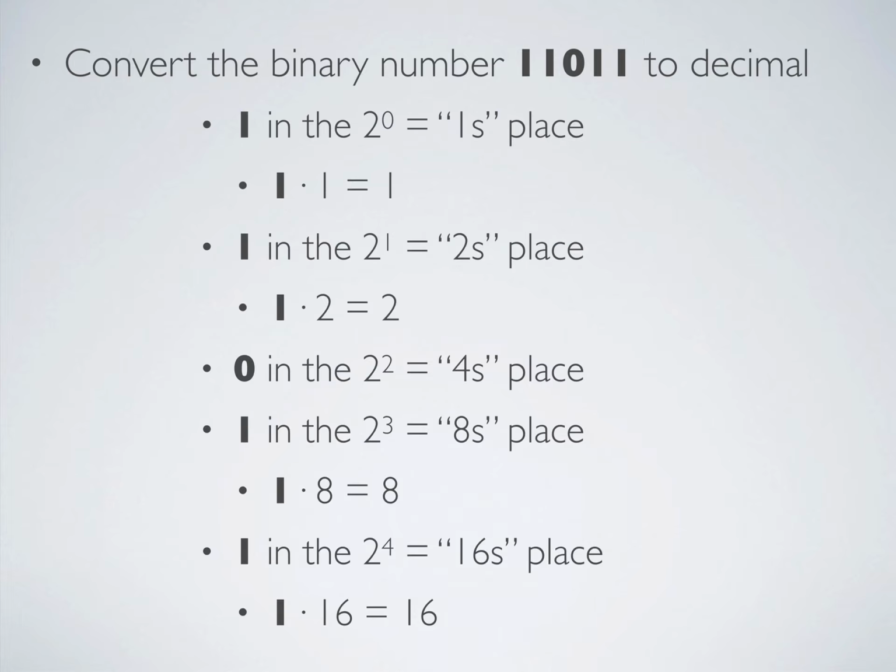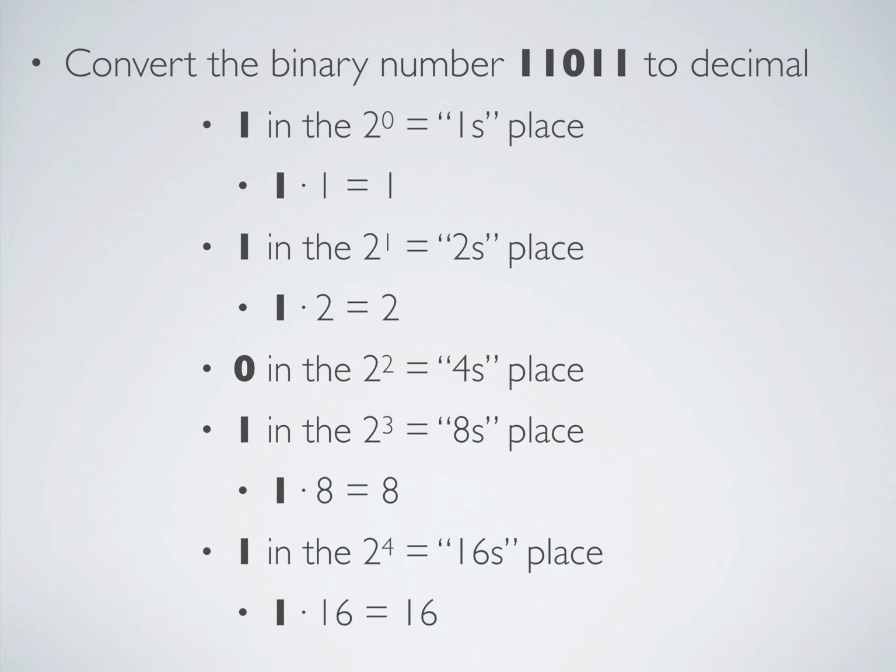Alright, so going through the same process, again, the rule is you go through all the 2's places. If there's a 1 in that place, add that power of 2, right? So starting on the right side this time, because why not? There is a 1 in the 2 to the 0's place, right?